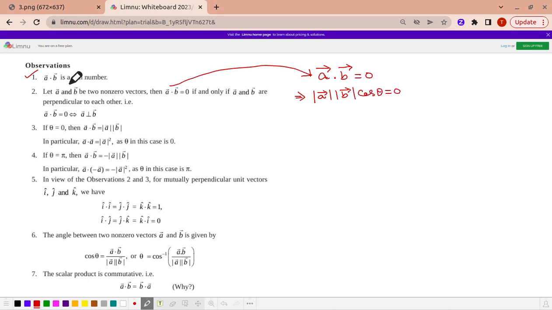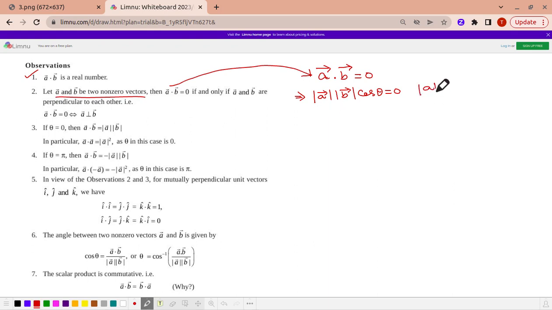Now according to the statement in the second observation, let A and B be two non-zero vectors. That means both A and B are non-zero vectors, so mod A and mod B cannot be equal to 0.